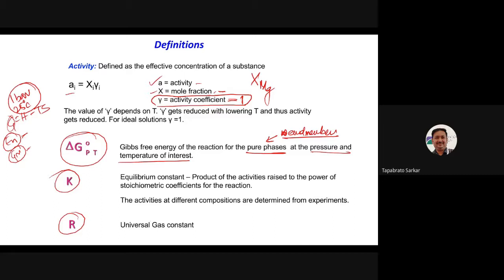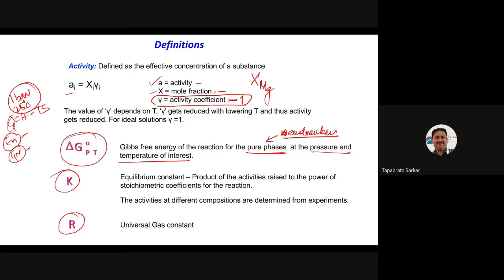Whatever the value, the activity is directly related to the composition, which means that if we know the composition, which can be directly measured in a particular mineral, we can know the activity.